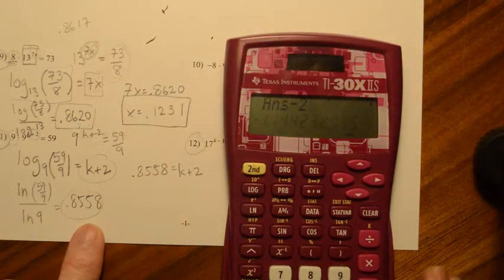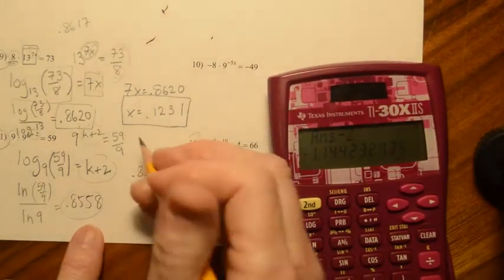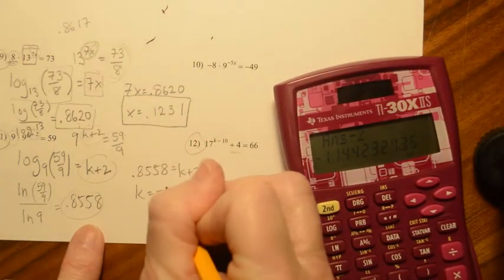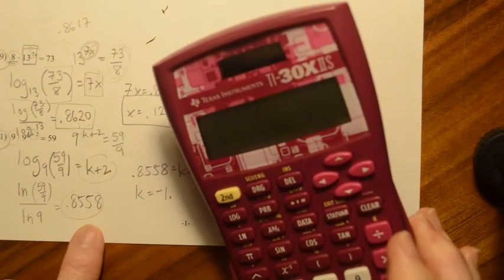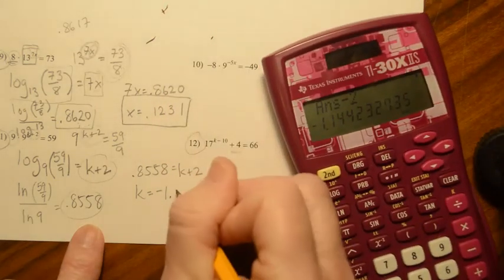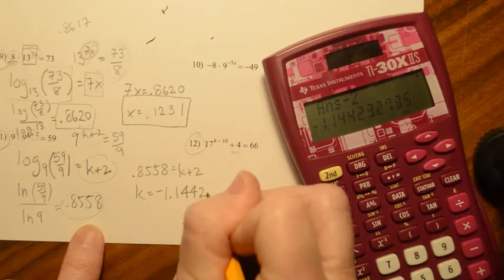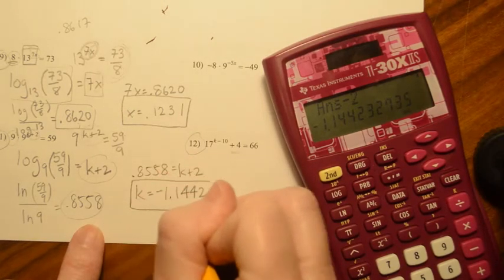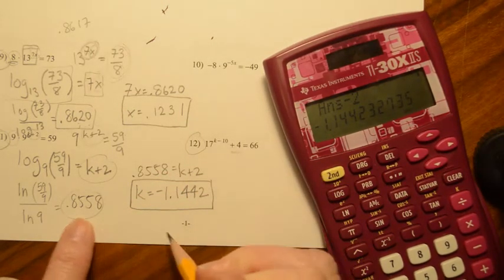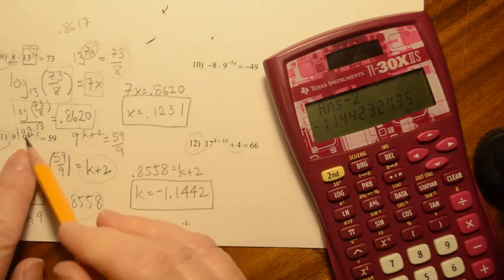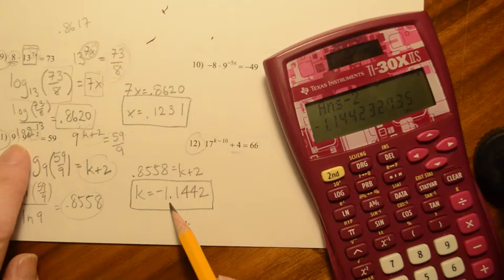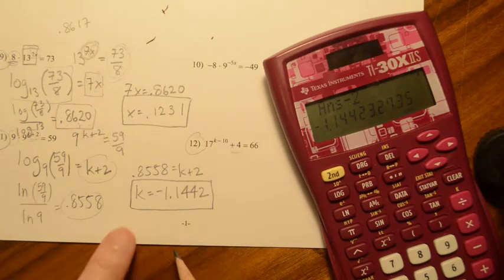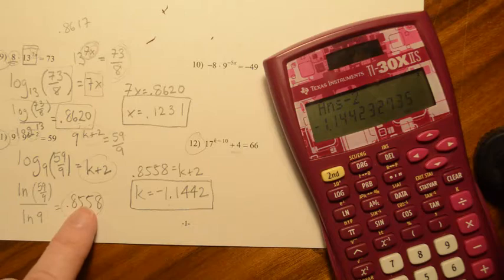Minus 2 equals, and I get k equals negative 1.1442. Yeah, sorry, I wasn't thinking there. I need that to be less than 1. So I need this to be a negative number right here, yeah. Okay, again, feel free to plug that back in and try it.